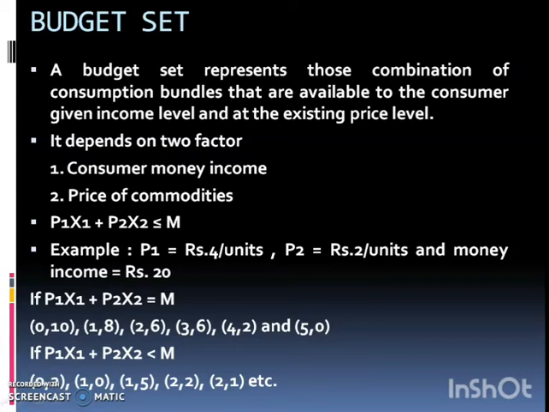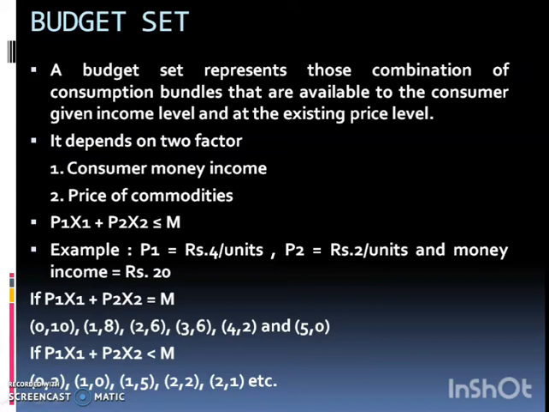For example, suppose the price of good 1 is rupees 4 per unit, the price of good 2 is rupees 2 per unit, and the money income of the consumer is rupees 20. There are two situations: expenditure on good 1 plus expenditure on good 2 is equal to the money income of the consumer, or it is less than the money income.